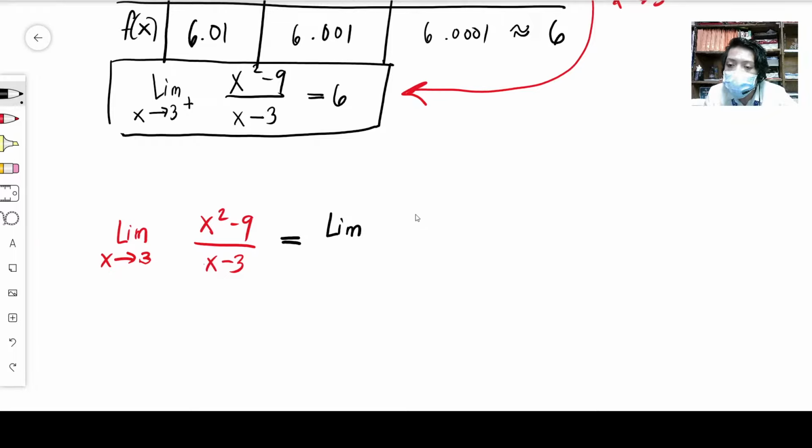Difference of two squares, so this is x minus 3 multiplied by x plus 3.